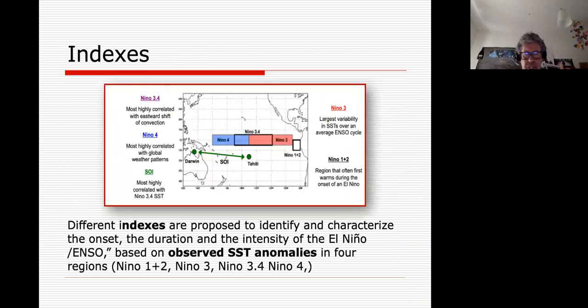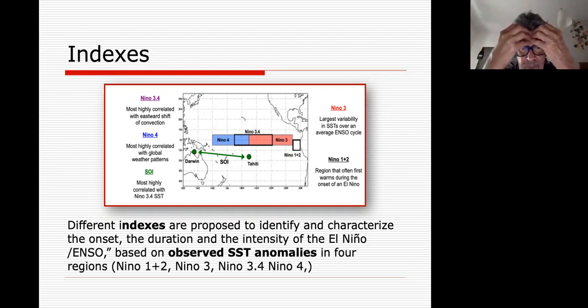We talk about Niño, but Niño is quite a descriptive way of approaching this phenomenon. We talk about Niño in terms of pattern, in terms of area, tongues, and so on.